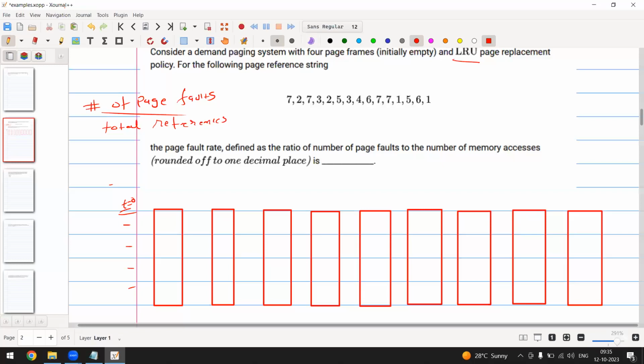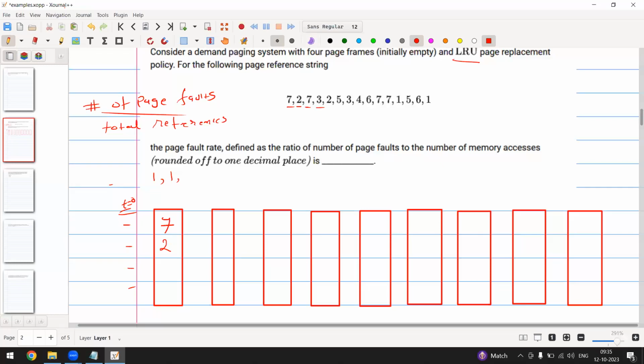Initially it is empty. So the new request is 7. Earlier 7 was not there in the memory and you required it, so it is a page fault. So you have page fault number 1 here. Next is 2. 2 is also not there and we are bringing it in, the second page fault. Then 2. Then again 7, but this 7 is already there, so we don't need to do anything.